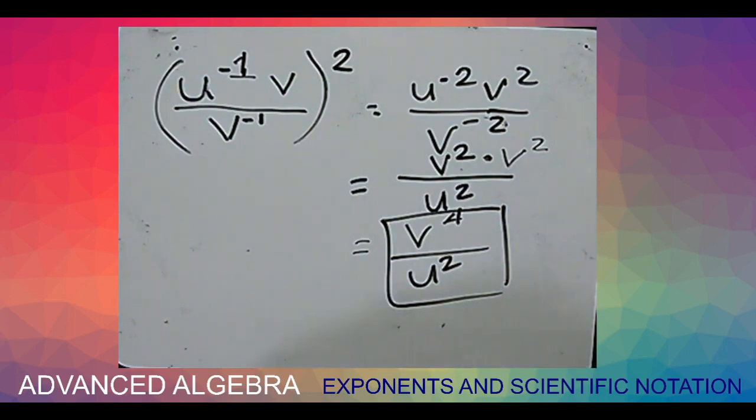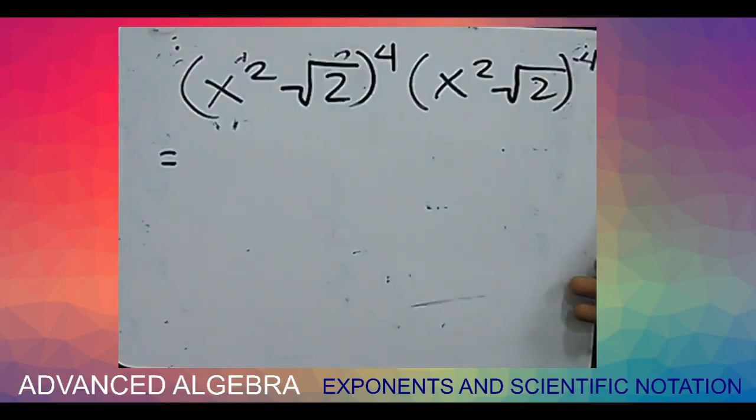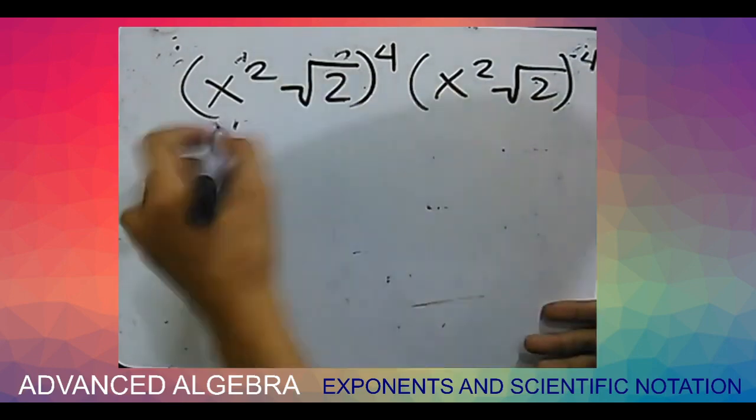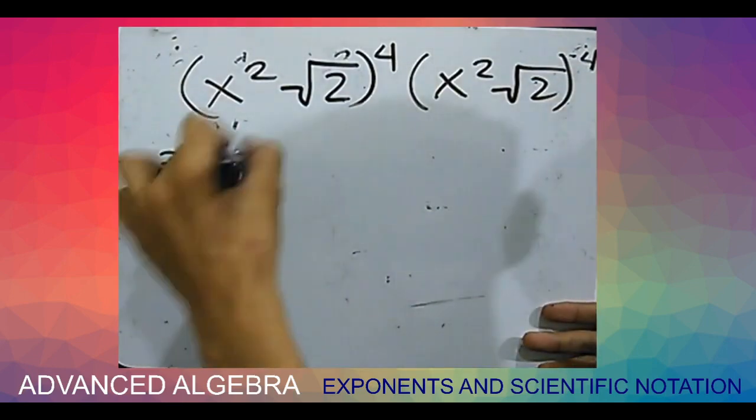Okay, next. Magbigay tayo ng isa pang komplikadong example. So, the quantity of x squared, the square root of 2, tapos close parenthesis raised to the 4th power times the quantity of x squared, the square root of 2, close parenthesis raised to the negative 4 power. Same pa rin, pareho naman lang siya ng base.